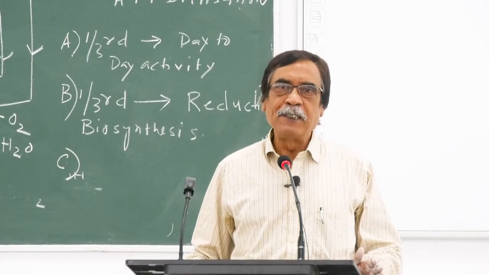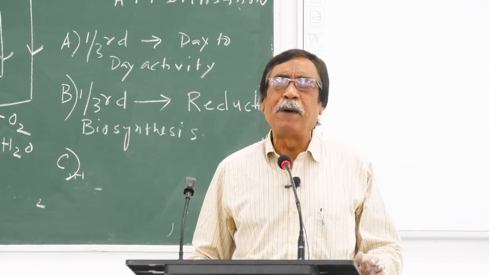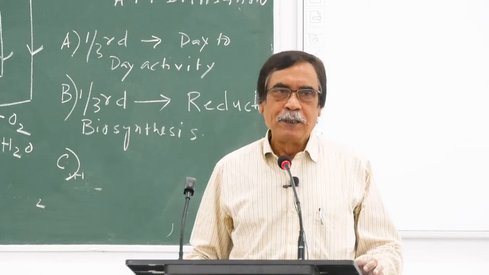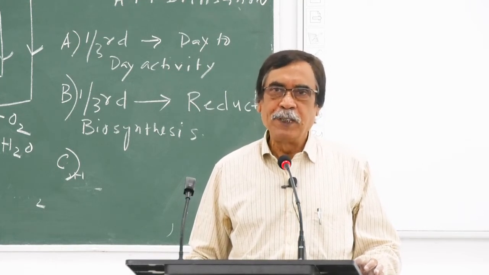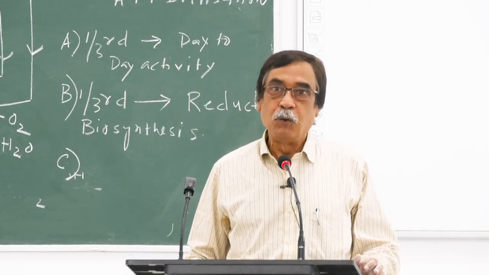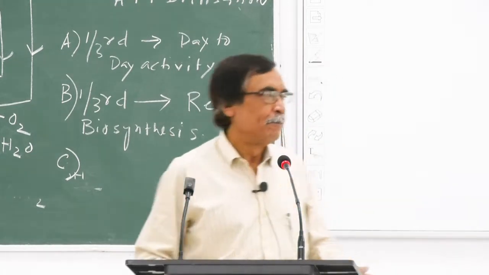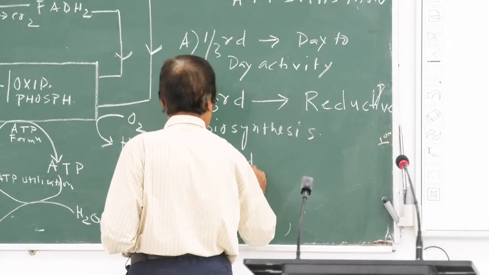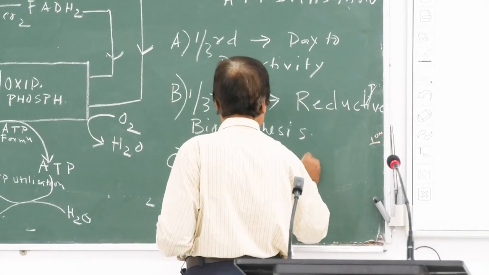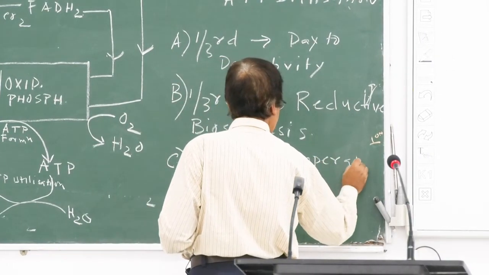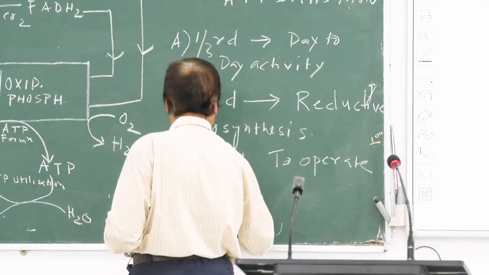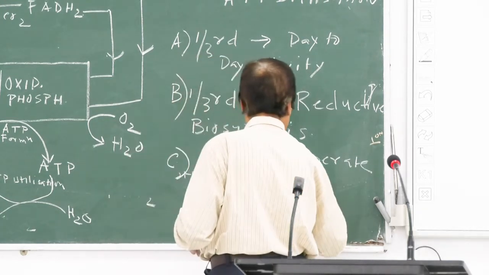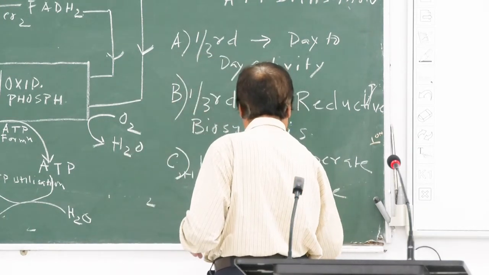For maintenance of the sodium and potassium equilibrium, we require a pump, that is sodium potassium ATPase, and operation of this pump requires 1/3 of the total ATP. তাহলে 1/3 will be to operate the sodium potassium ATPase, it is a pump.